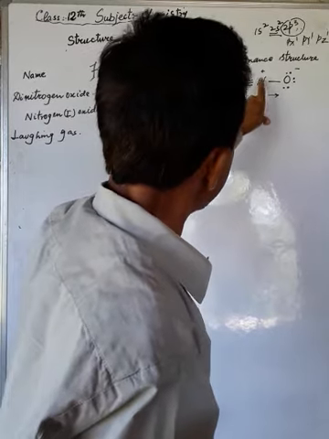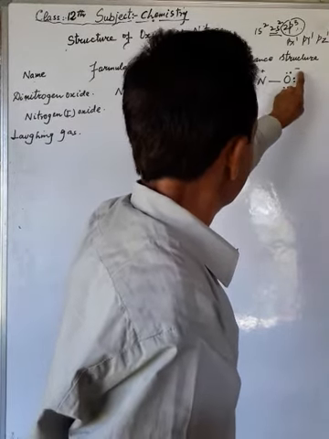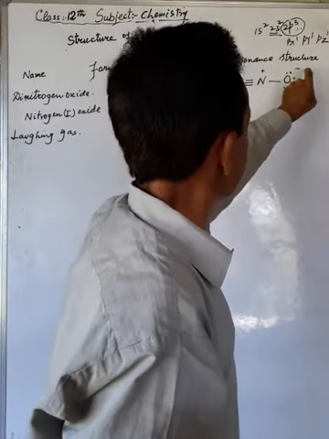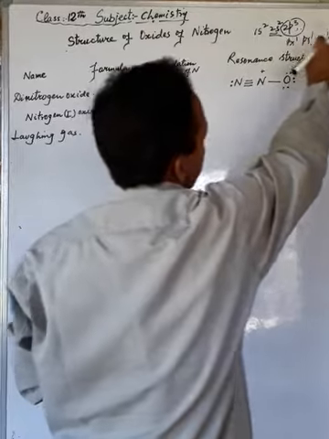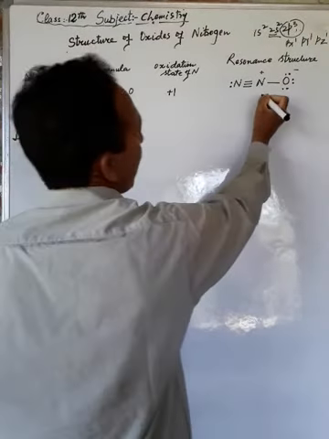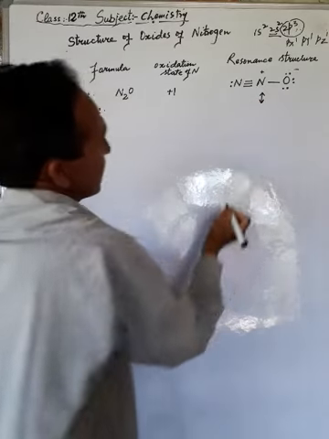So nitrogen develops positive charge and oxygen, both the electrons being from nitrogen, gets negative charge, or we can show it without positive and negative charge, or we can also show its structure like this.